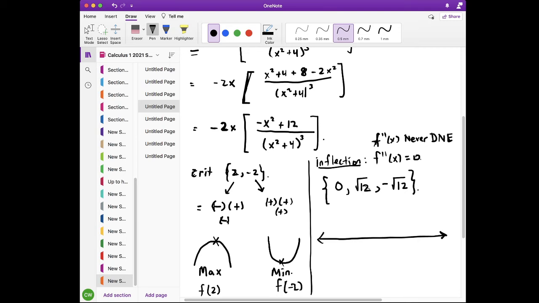What is square root of 12? It's 2 root 3. Yeah, 2 root 3. So negative 2 root 3, 0, and 2 root 3. When dealing with radicals, all you have to know is, can you find a nice number that is bigger or smaller? Is root 3 bigger or less than 1?